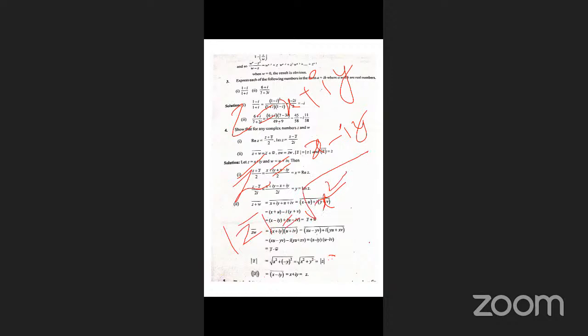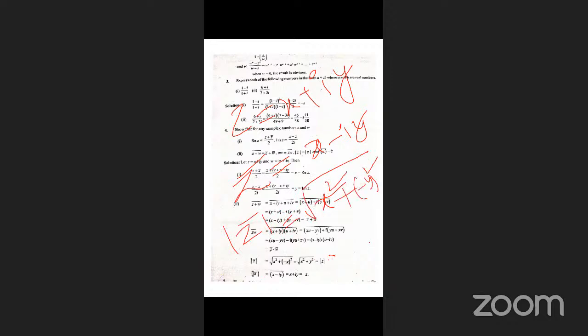And finally, let's see mod z and mod z bar. Let us see here, first z equals x plus iy, and z bar becomes x minus iy, and they are asking for the mod of z bar, so that becomes under root of x square plus (minus y) whole square.